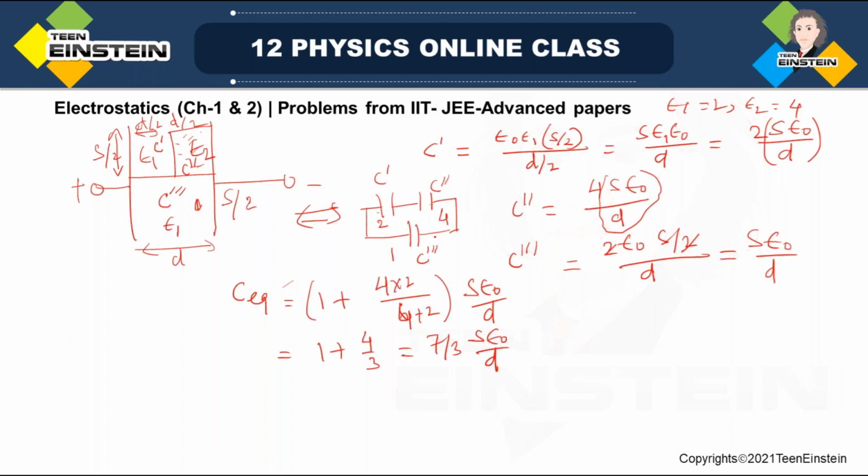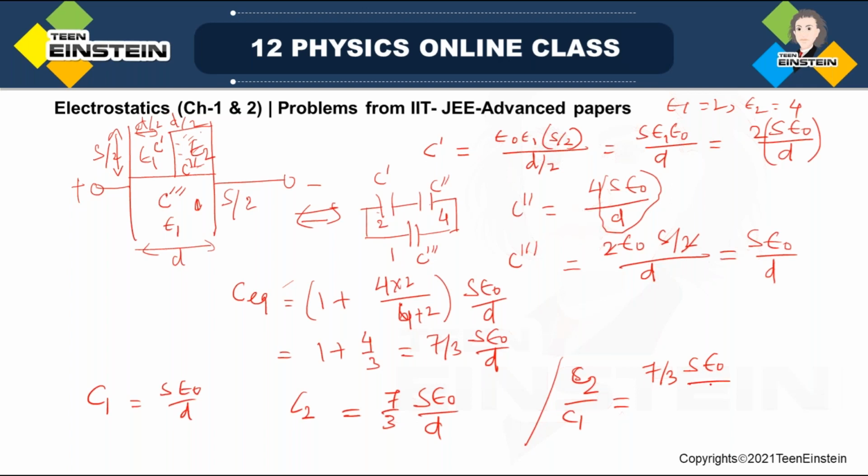Now look, this combination is actually the value of C2. So C2 is actually 7 by 3 S epsilon naught by D. And again, C1 we have seen is S epsilon naught by D. Now if I take the ratio of C2 by C1, the S epsilon 0 by D will get cancelled.